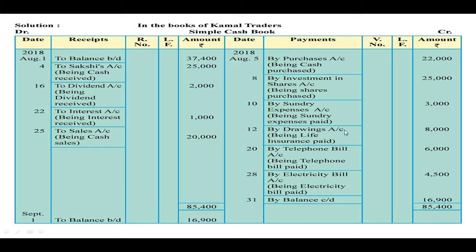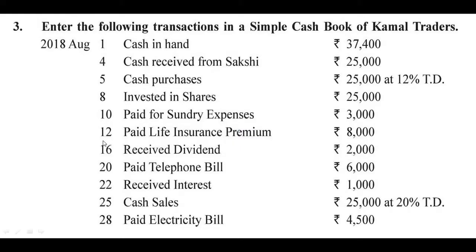by drawings account. Now you have to understand why it is written drawings account, why not life insurance account. See the question here, it is given paid life insurance premium rupees 8,000.